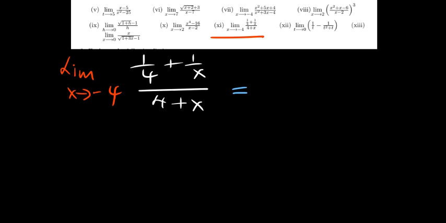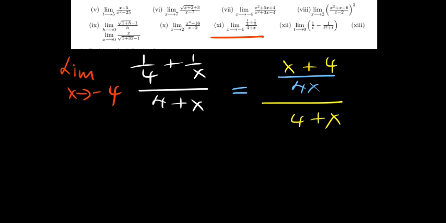So we can come up with a common denominator for the top part. That can be 4 times x, which is 4x. 4 into 4x is going to be x. X into 4x is going to be a 4. So we know that after multiplying by the ones that are numerators, there will be no difference. That's why we're just maintaining x and 4. Bottom, we just have 4 plus x.